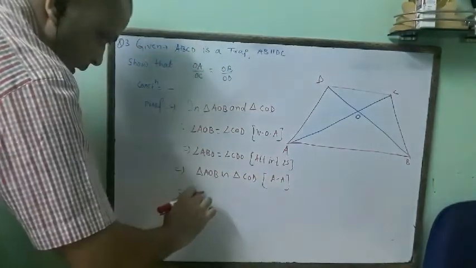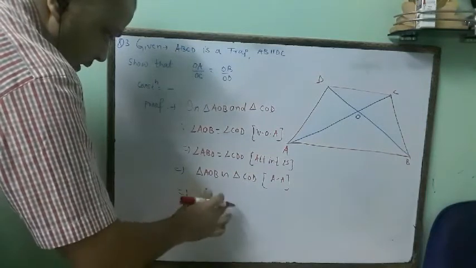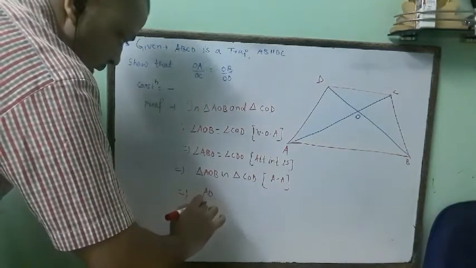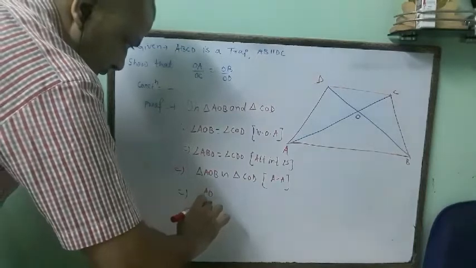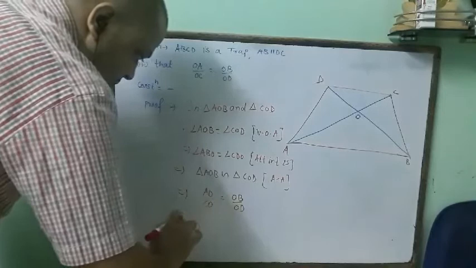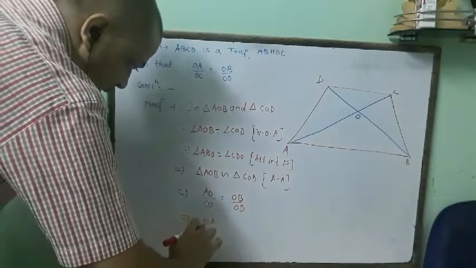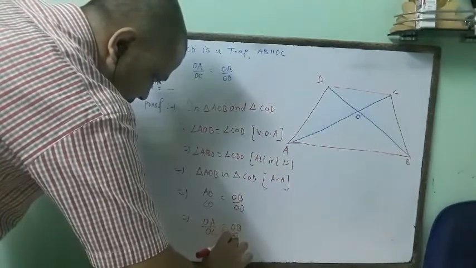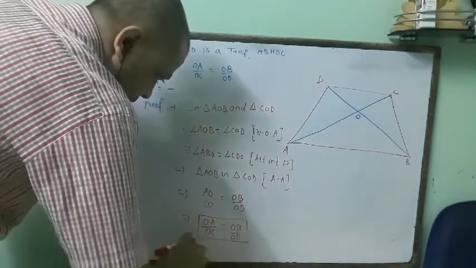Now after similarity, we can say that AO by CO is equal to OB by OD. So just remember this one, write OA by OC is equal to OB by OD. Hence proved.